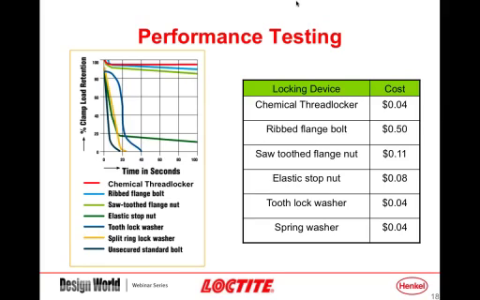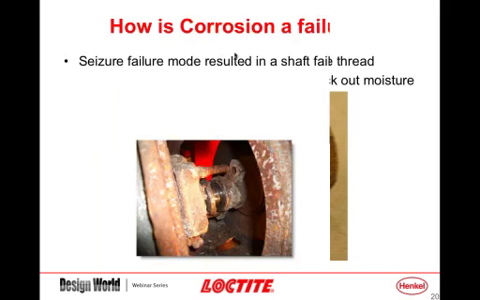And so you can really get a very high performance, low cost solution with a chemical thread locker. So it's reliability and performance. But the performance comes because of the fact that it operates on a different methodology.